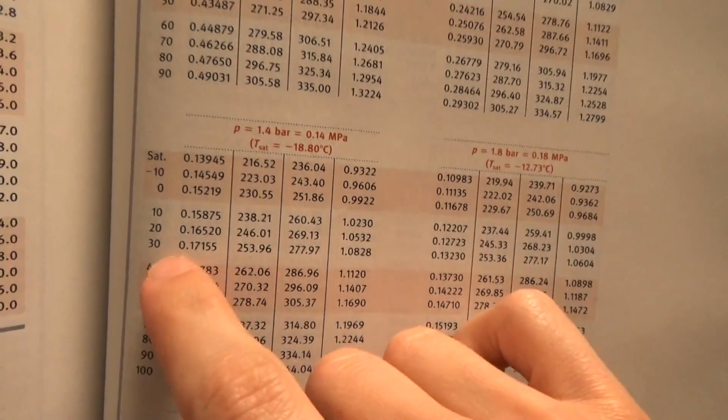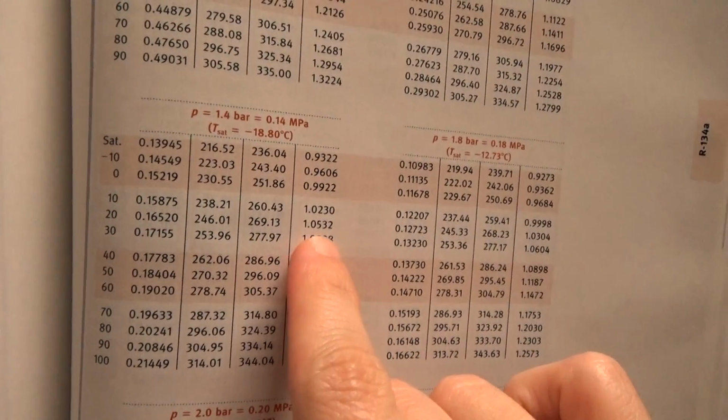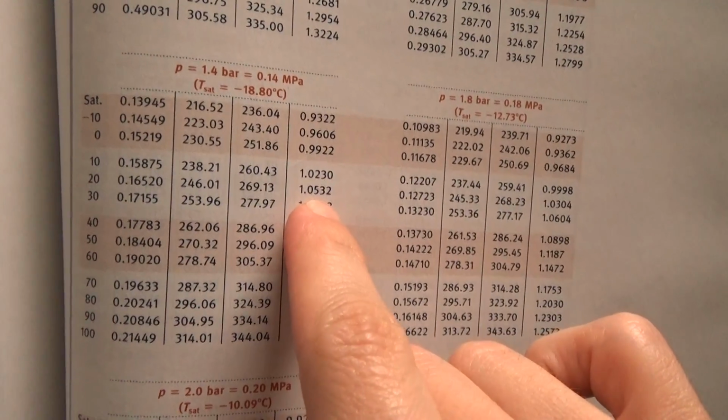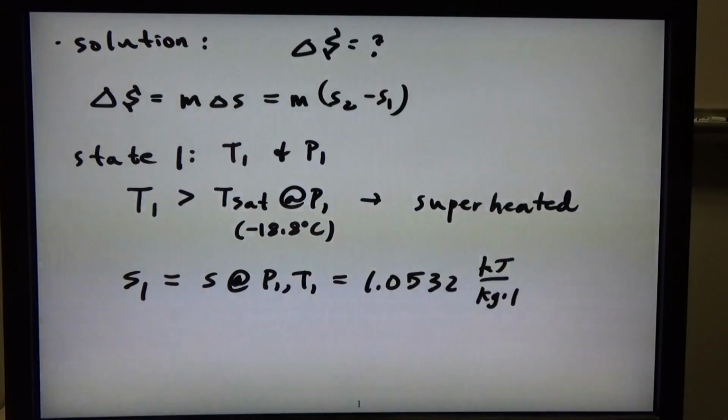And we're looking at a temperature of 20 degrees Celsius. We're reading off the value of S. Here it looks like 1.0532. And the units that we see there for specific entropy, kilojoule per kilogram times Kelvin. Alright, so that's state 1.